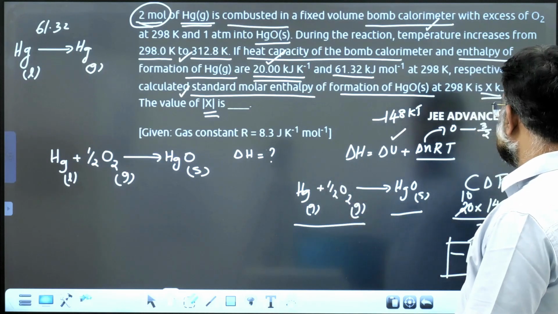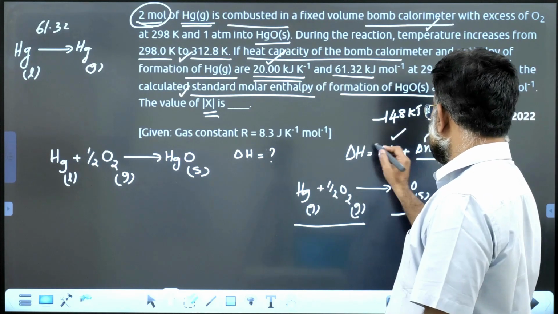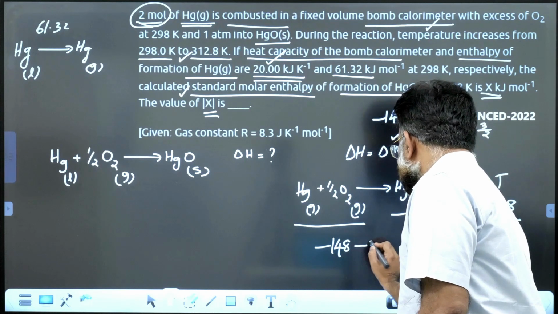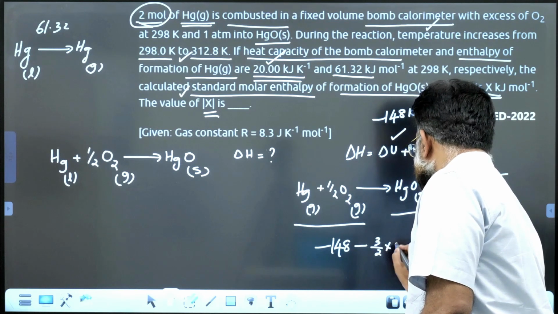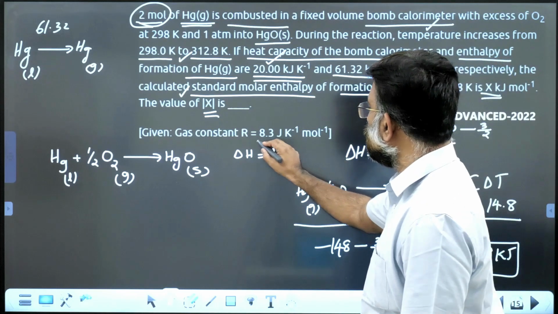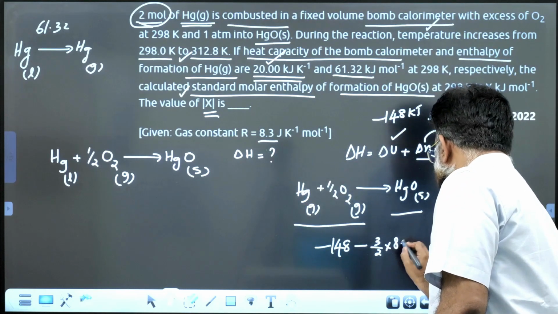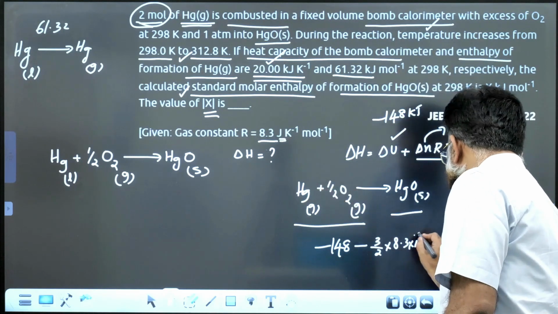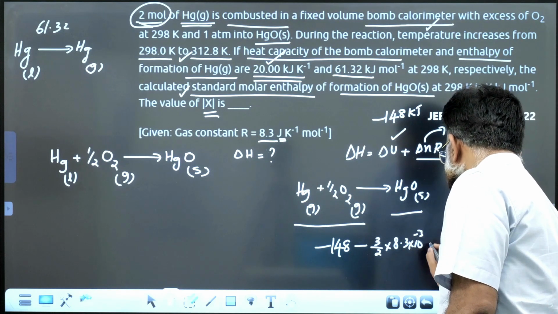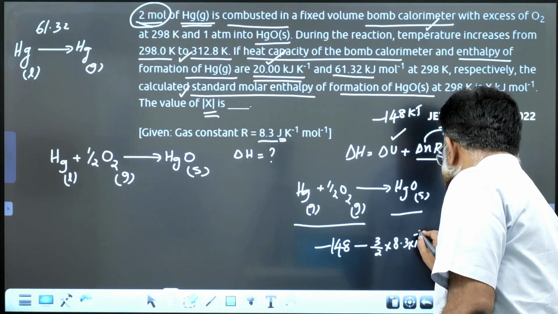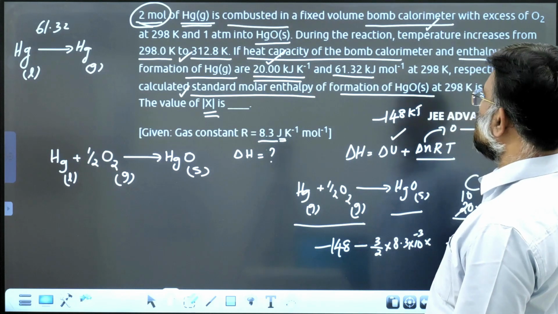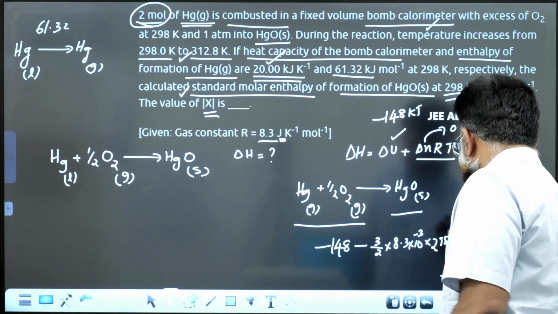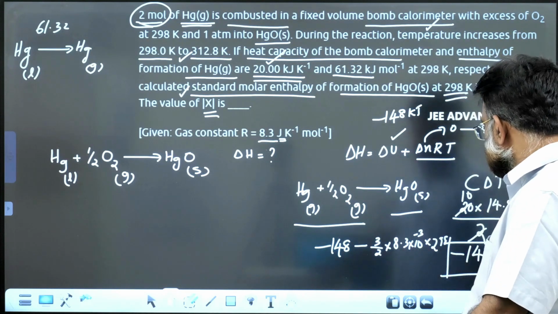The calculation will be minus 148 minus 3 by 2 into R value, given as 8.3 into 10 power minus 3 kilojoules, into temperature 298 Kelvin. How much are you going to get?